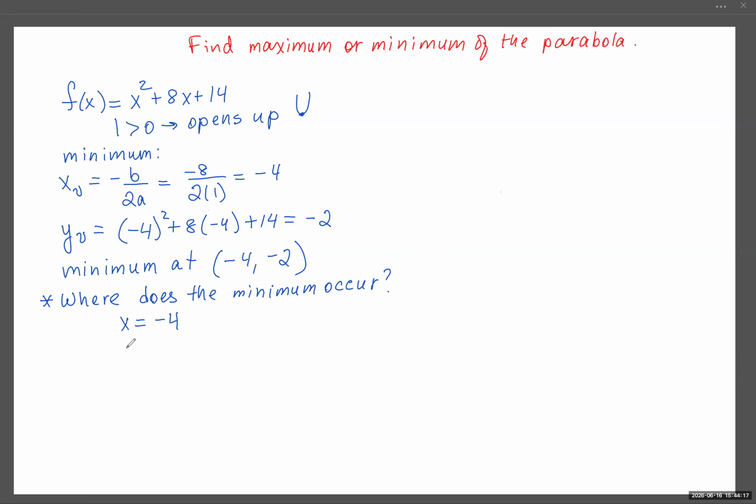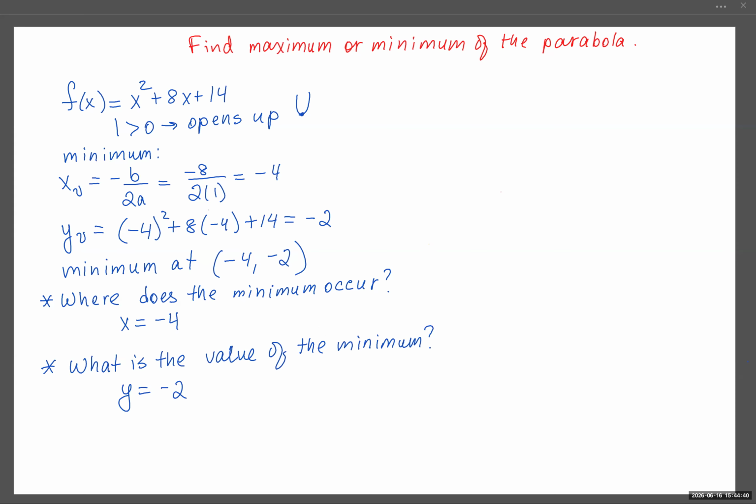What is the value of the minimum? And that is the y-coordinate of the vertex, so y equals negative 2.